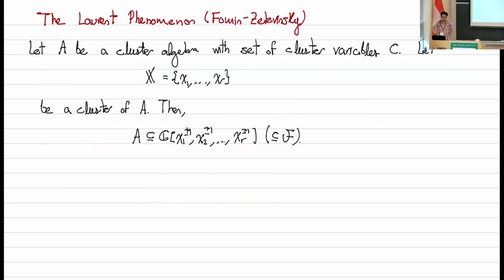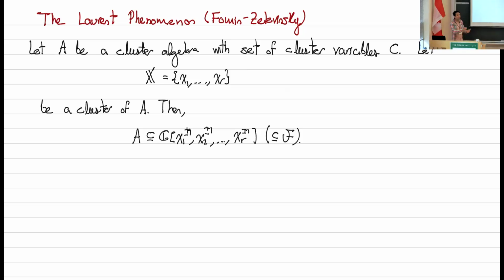As I was saying, we have this beautiful theorem of Fomin and Zelevinsky called the Laurent phenomenon. You take a cluster algebra, take any single cluster, then every element of the cluster algebra can be written as a Laurent polynomial in the elements of that cluster. A priori, in the mutation rule, you divide and you keep dividing and so on, so you have rational functions.